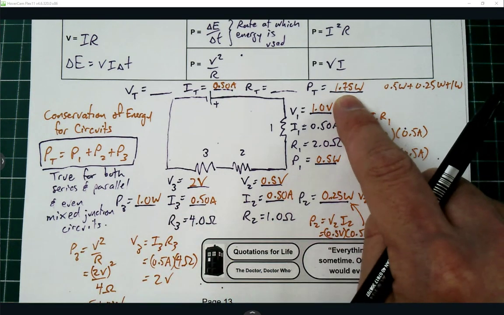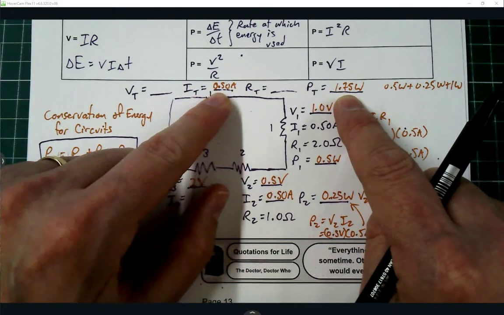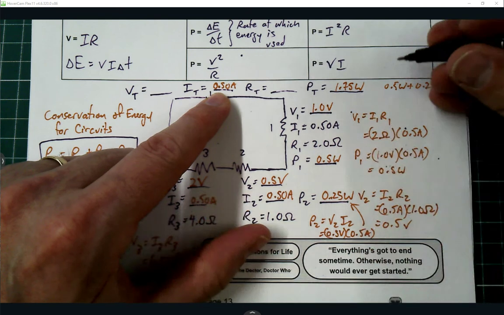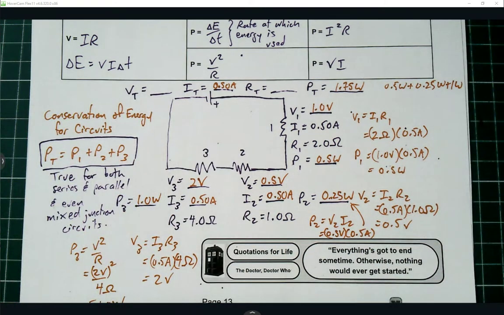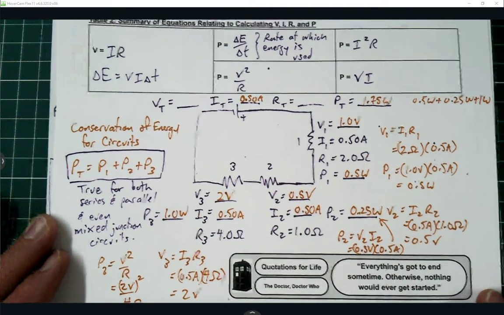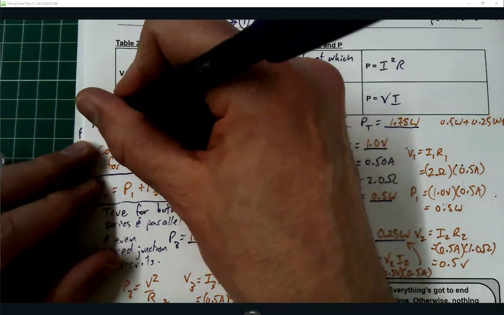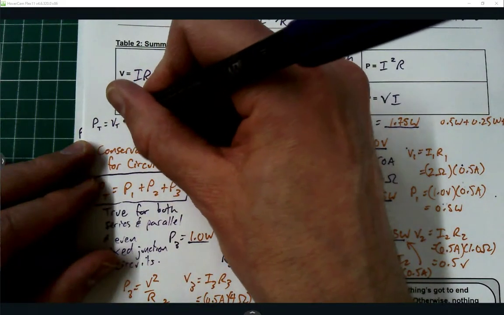And so let's test this. We've just calculated the total power. We know the current. Let's see how this works out. Obviously I'm running out of space here because this is quite a chaotic little page that I've developed for myself. You should spread yourself out as much space as you need. But I know that P total is equal to V total times I total.